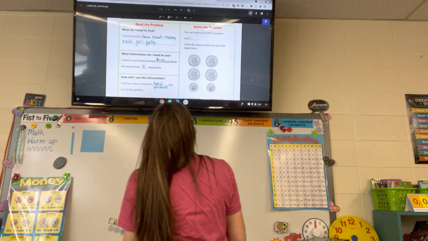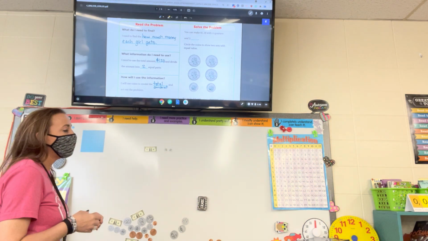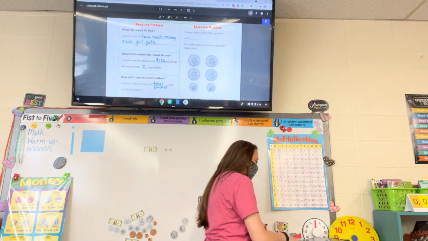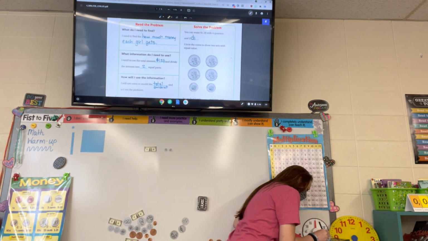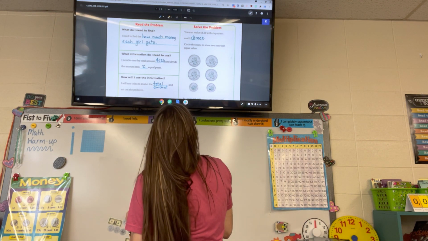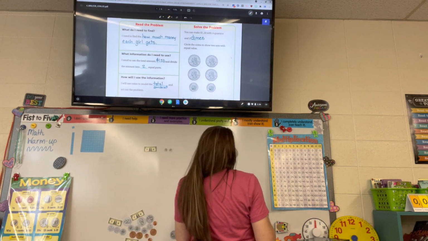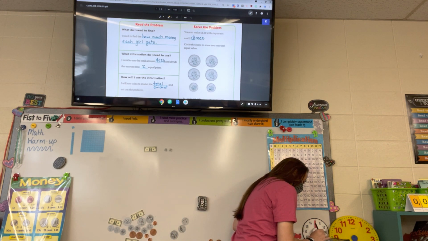Okay, it says you can make $1.20 with 4 quarters and 2 dimes. Oh, not pennies. Pennies are 1 cent. Circle the coins to show 2 sets with equal value. So there's 1, 2, 3, 4, 5, 6 coins here.